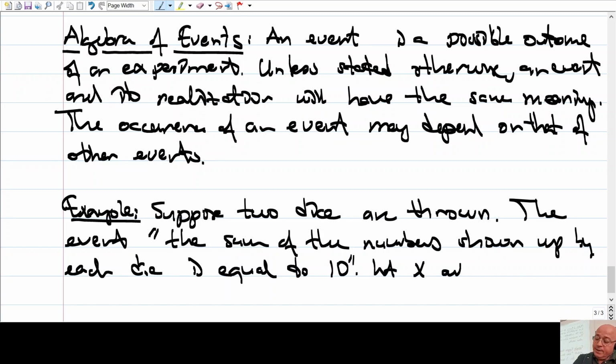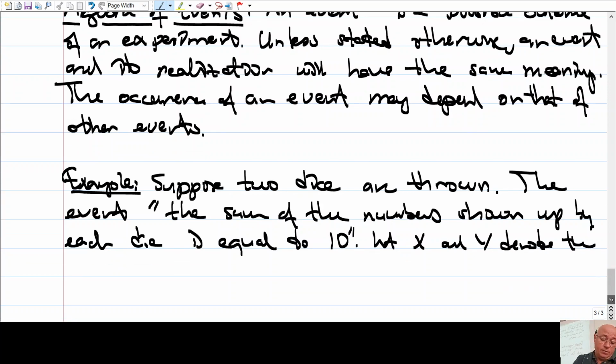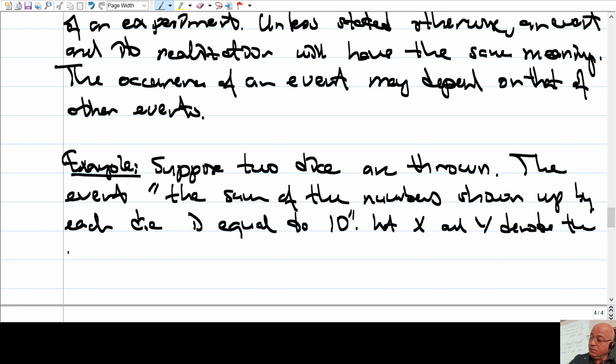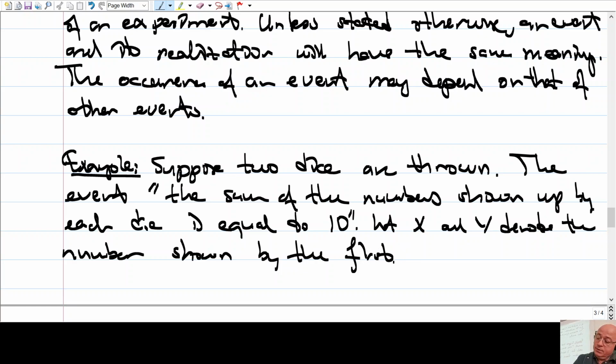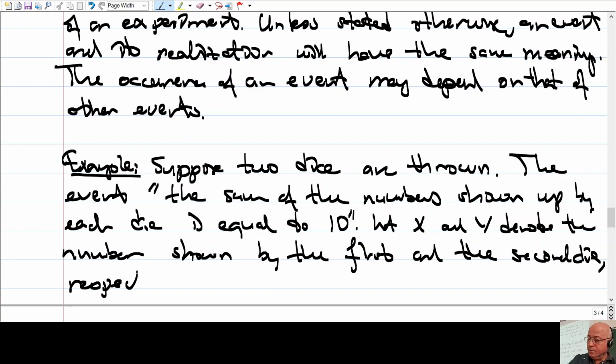Let x and y denote the number shown by the first and the second die respectively. So for us, it is important which one is the first die, which one is the second die.